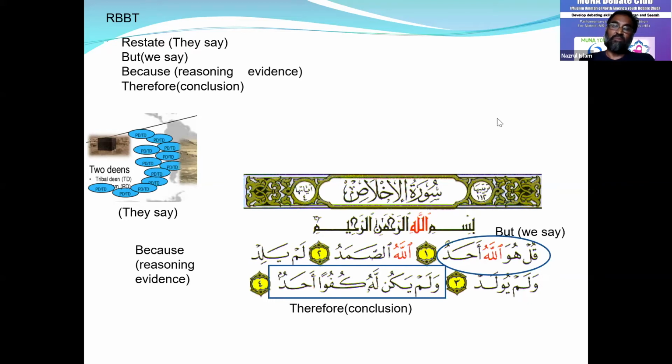Iyyaka na'budu wa iyyaka nasta'in. So this is reasoning. And the last one: oh Allah, guide us to the right path, the path that was blessed by you, and not the path of those who received the anger from you because they did not follow you. So those are the evidence.